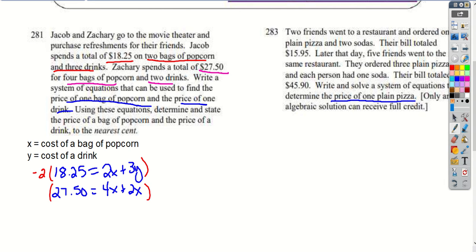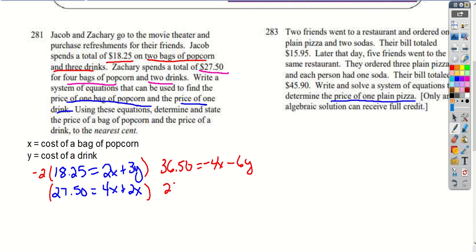Just going back and finding this. So 18.25 times 2, we talked about this already, is 36.50, and that's equal to -4x minus 6y.